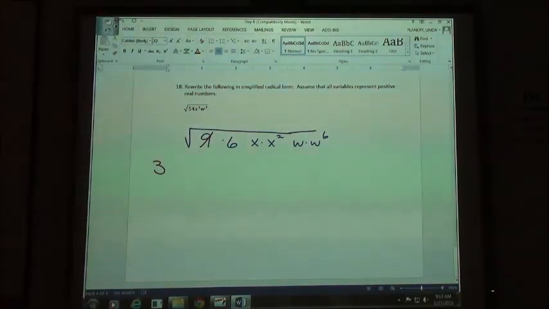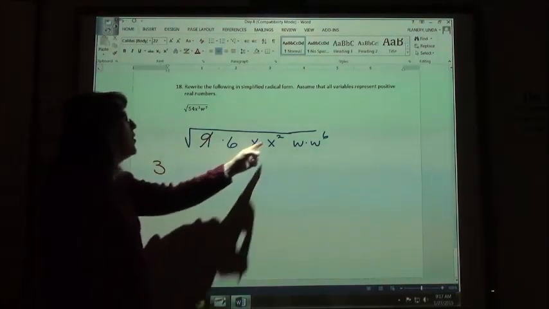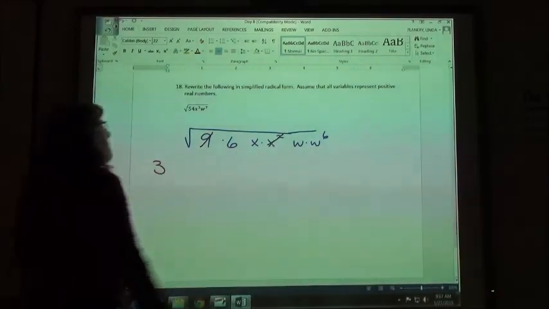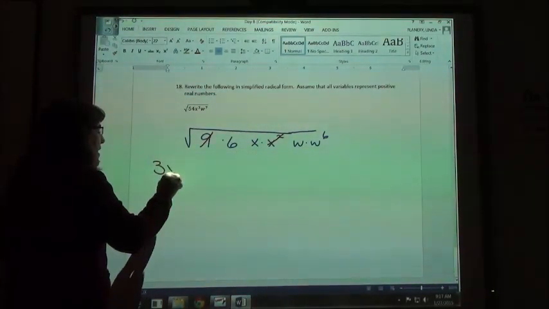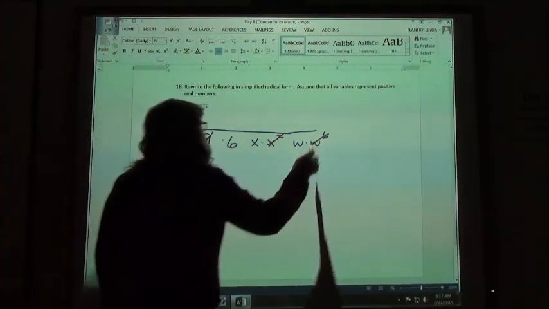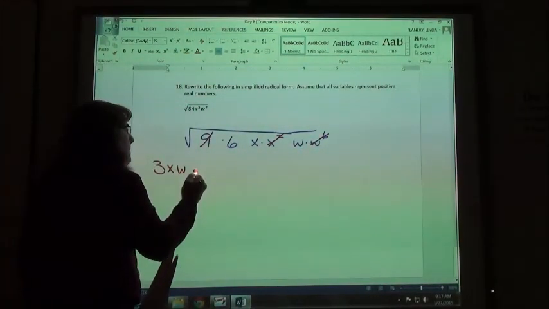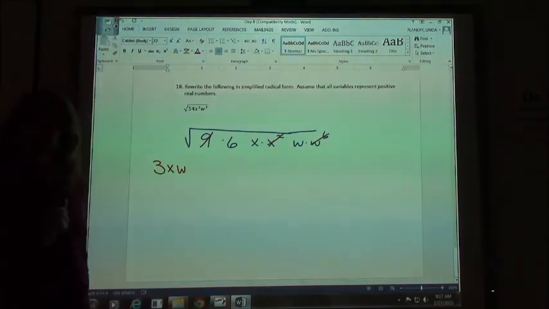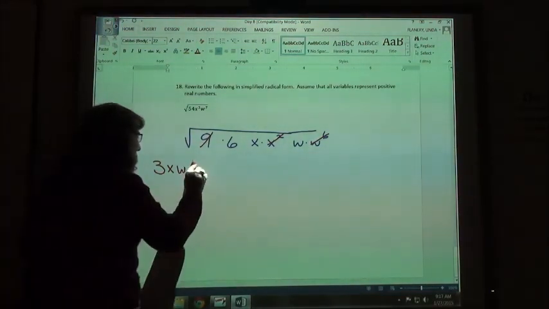The square root of x squared is x. And the square root of w to the 6th is w cubed.